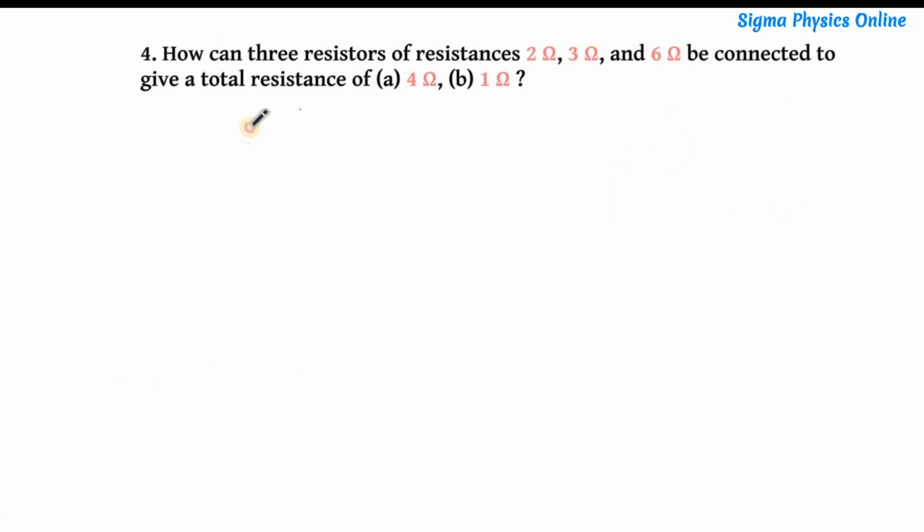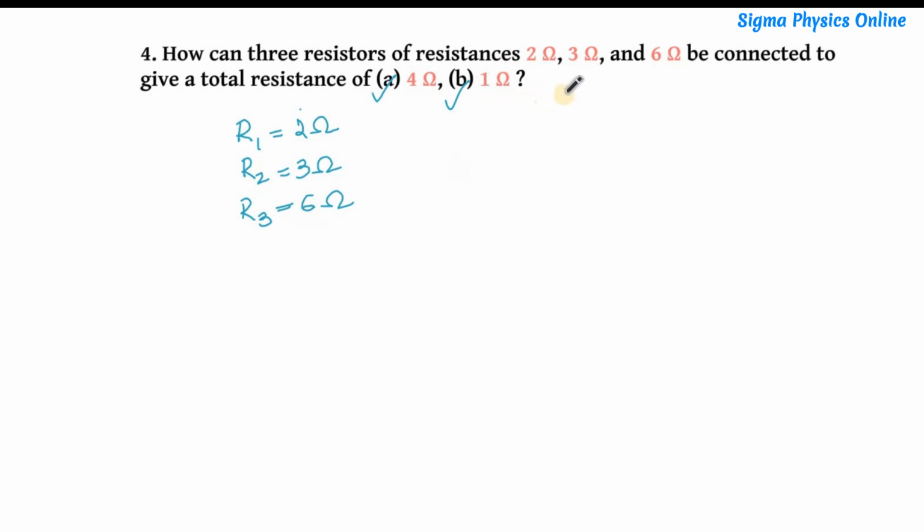In the next question, there are three resistors. R1 is 2 ohm, R2 is 3 ohm, and R3 is 6 ohm, and they are to be connected in such a way that the effective resistance upon connecting them will be first 4 ohm and the second one will be a resistance of 1 ohm.